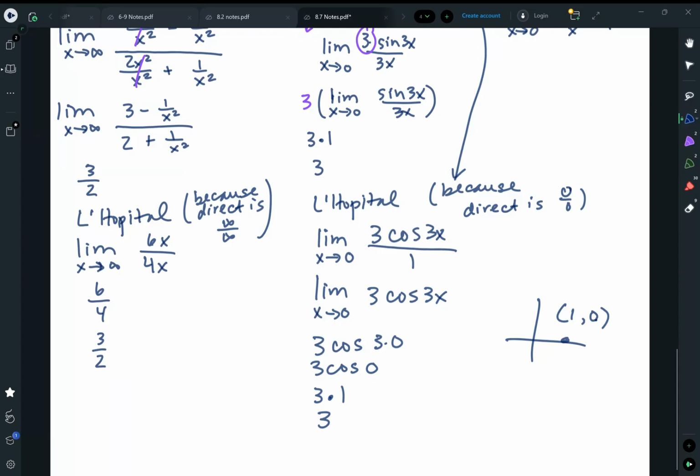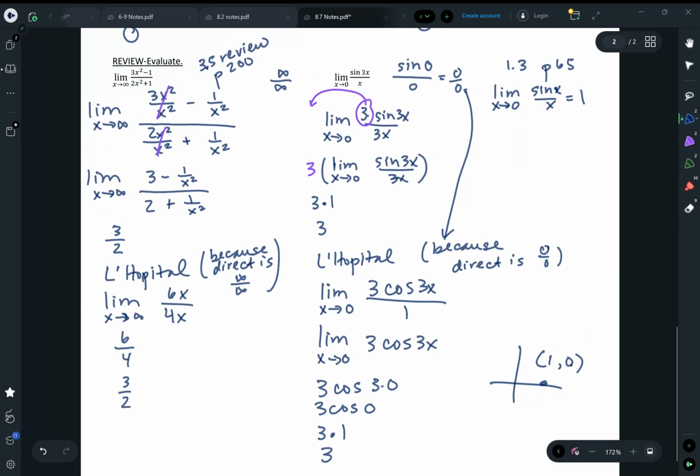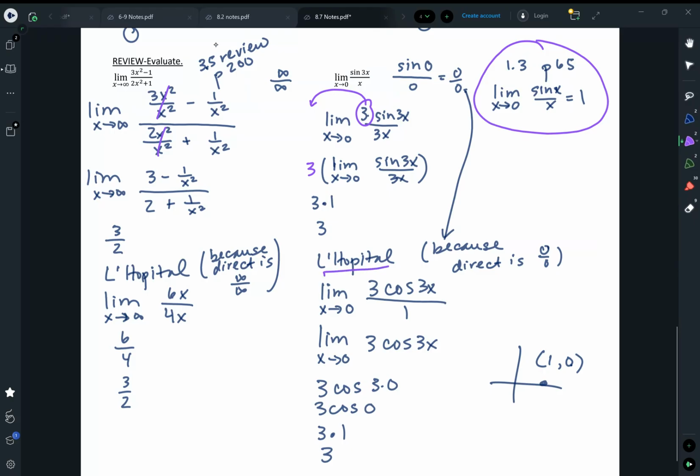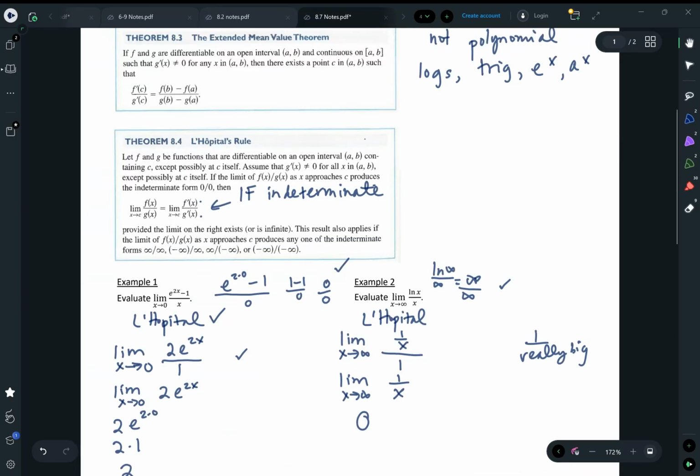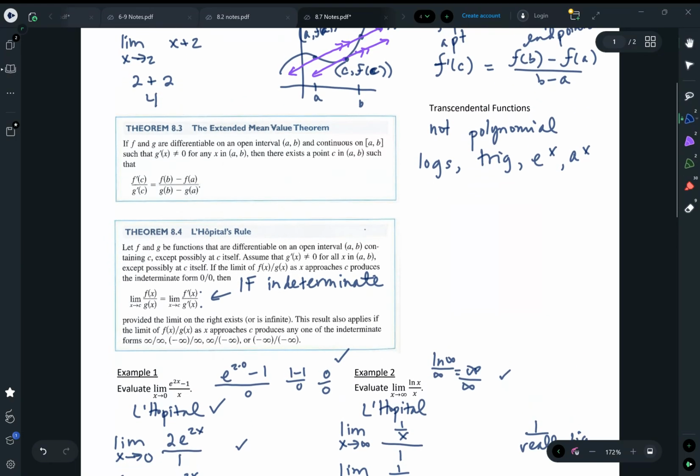I think this is really cool on these last two, to see different methods that you can use. Again, it was using 1.3, page 65. We did that, but then also showed with L'Hopital's. This one was where we divided by the biggest power, but also used L'Hopital's, and they gave us the same answer. So the big idea today, I know I didn't really talk about how L'Hopital's comes from the extended mean value theorem.